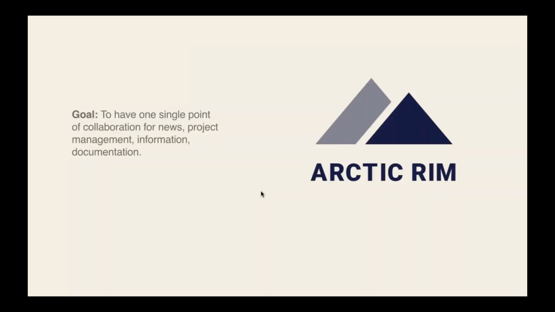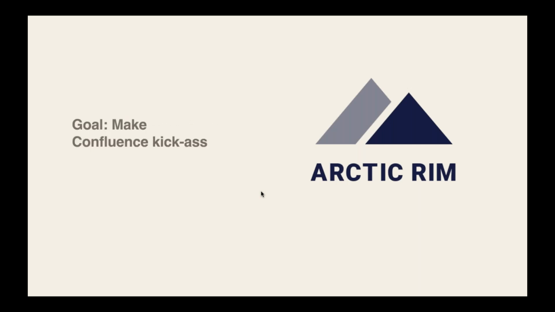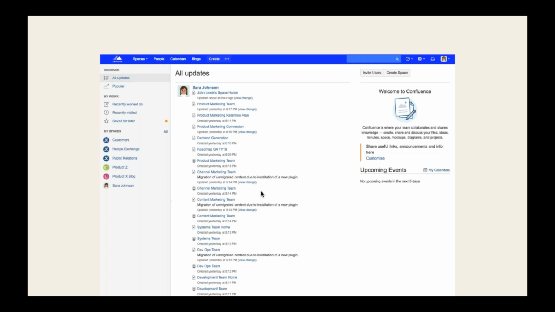The way we're going to do this is using a fake company called Arctic Rim. This is a gaming company, and they have a goal with Confluence, which is to create one single point of collaboration for news, company project management, information and documentation. And ultimately, we could say that this is their true goal.